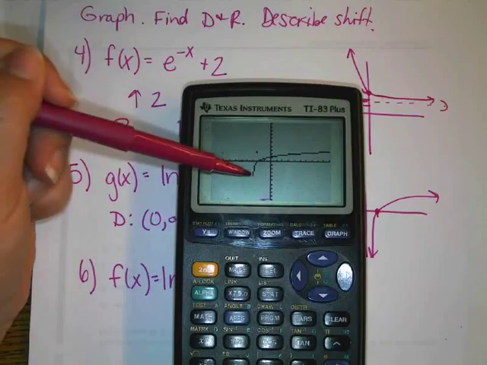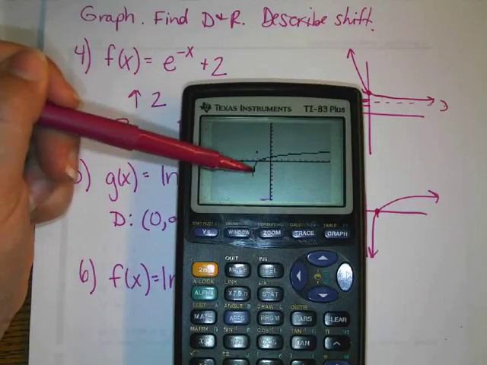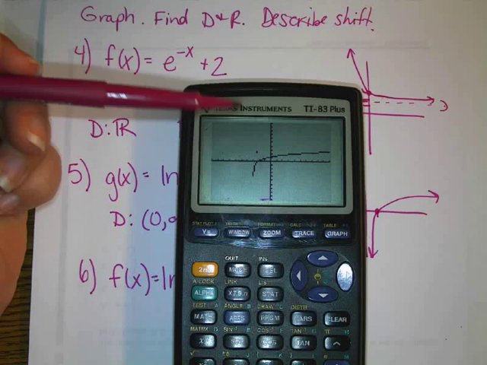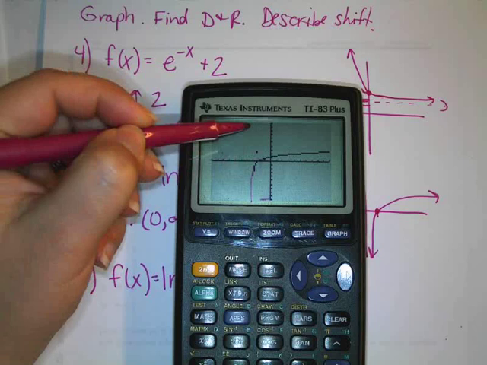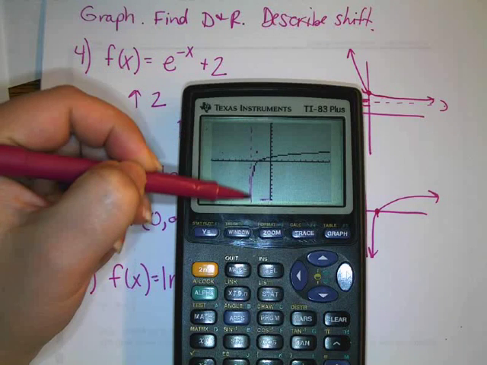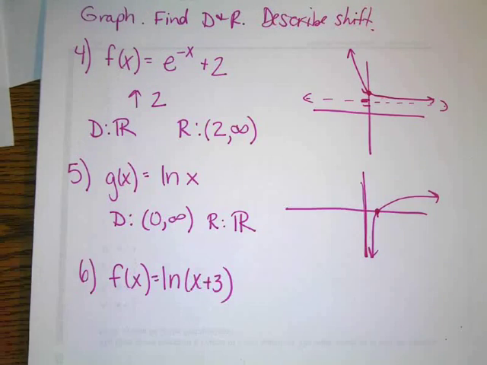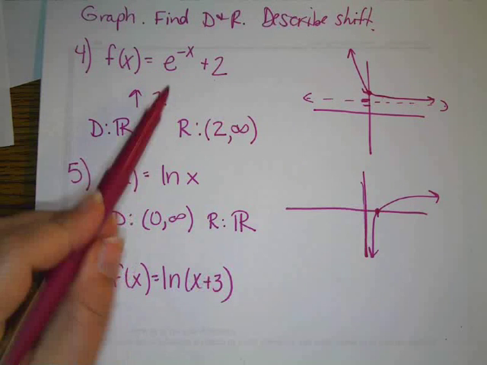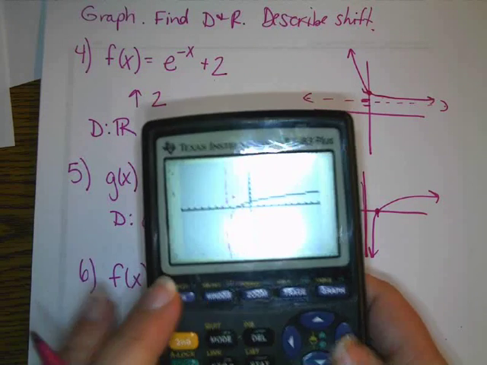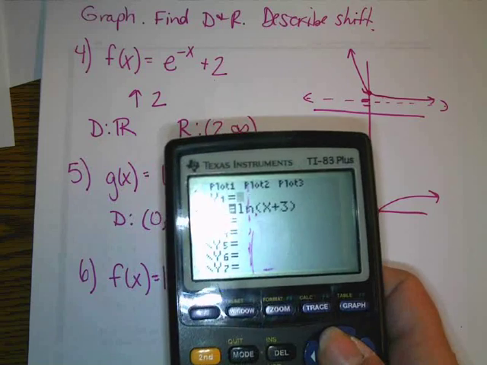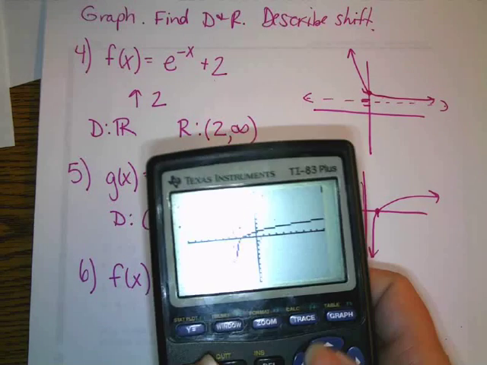Now again, your calculator does not know what to do here. So it looks like it just stops. Really, it continues down and it's approaching this vertical asymptote, because ln functions have vertical asymptotes and exponential functions have horizontal asymptotes. So where is this shifted from our original? We can regraph the ln of x.